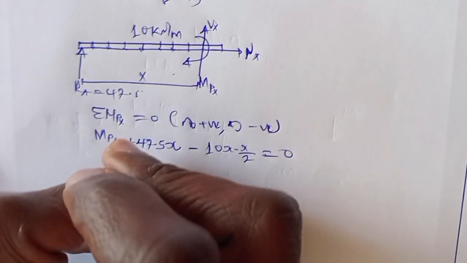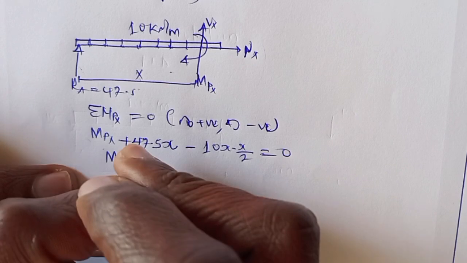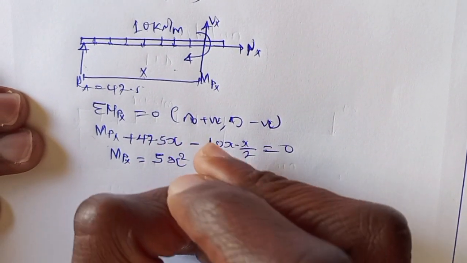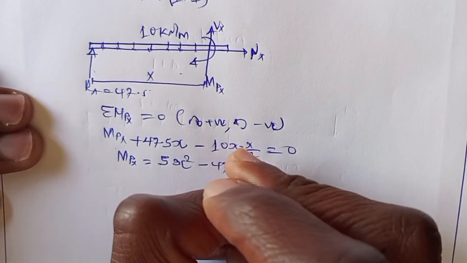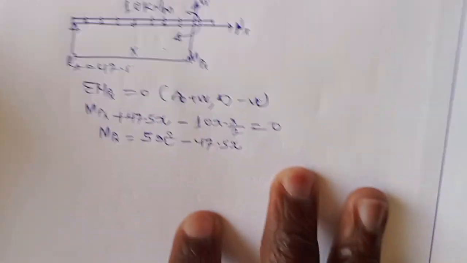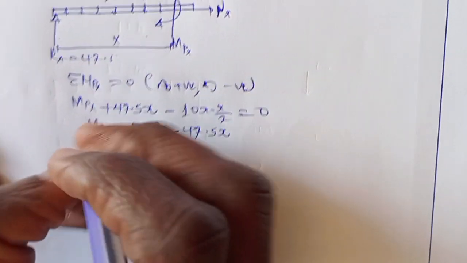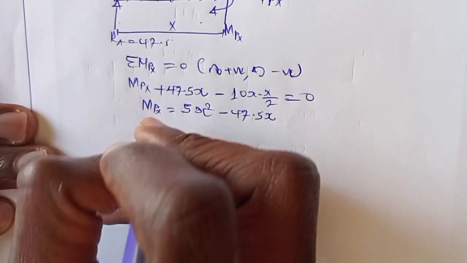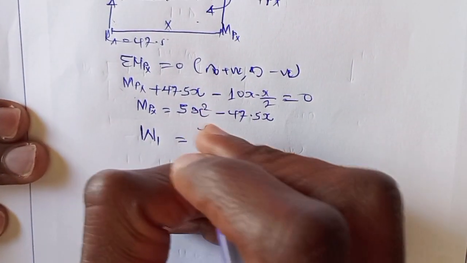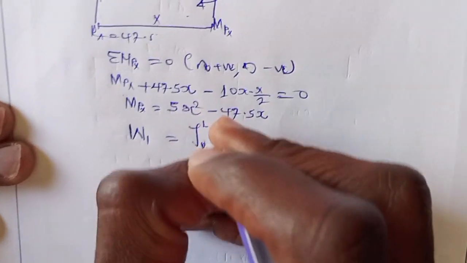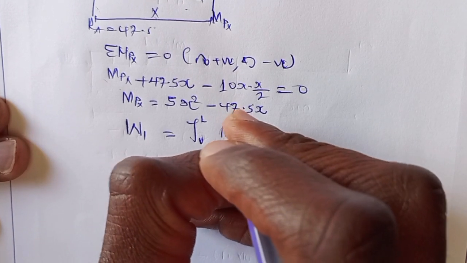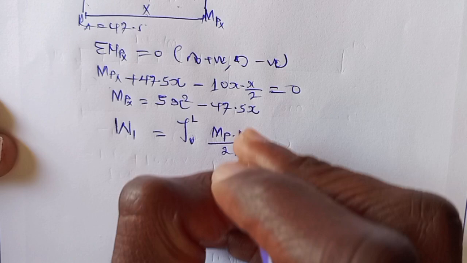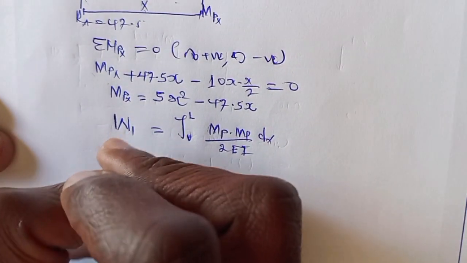Now, moment due to applied load at point x will be 5x squared minus 47.5x. So the internal energy for this section 1 will be the integral from 0 to L of M times M over 2EI dx.